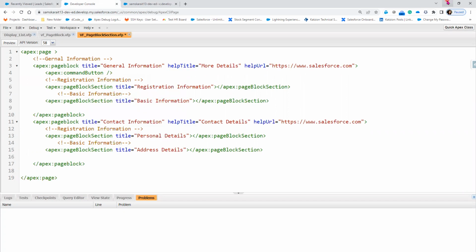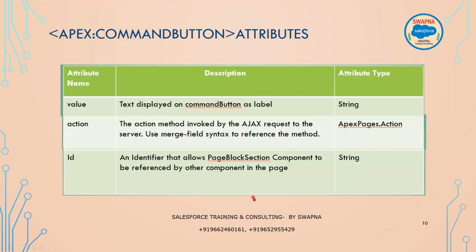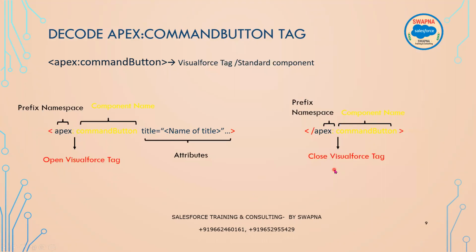Command button is also self-closed. We have discussed that it is open and close, but you can also make it self-closed. So whenever you are adding a command button, you might not need a separate close Visual Force tag. It is self-closed by default.